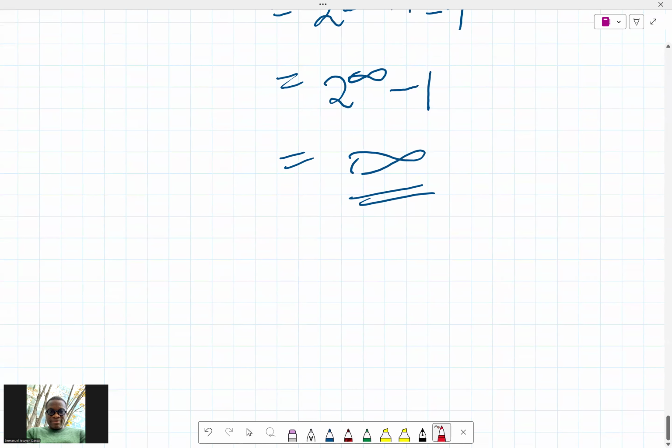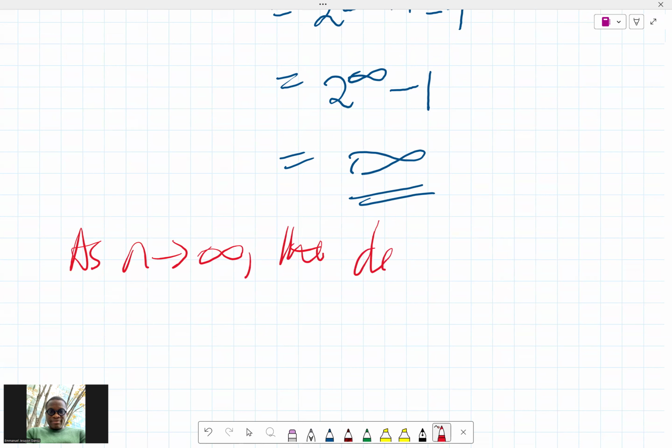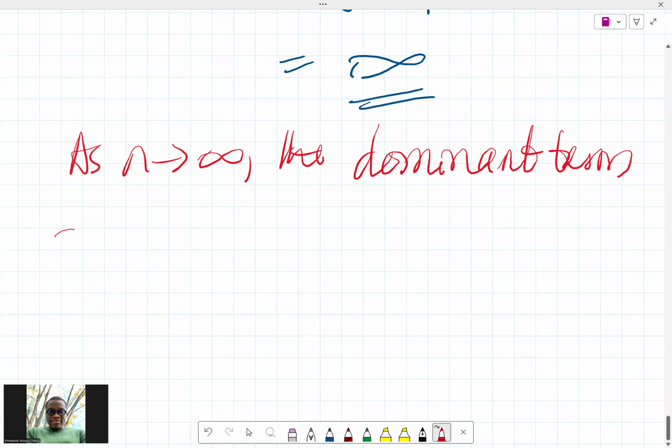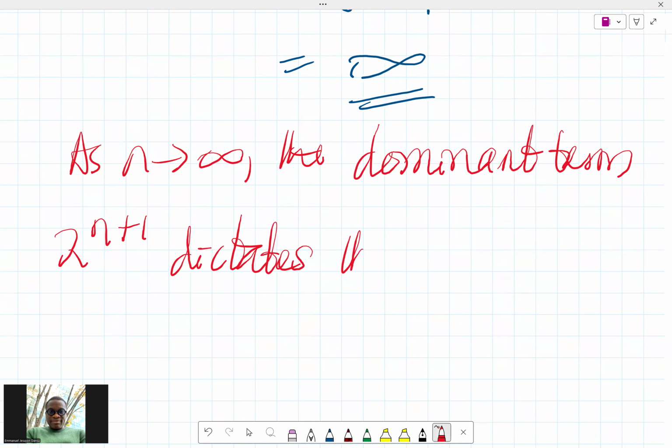So we see that as n approaches infinity, at least as the generations increase, the dominant term, which is 2 raised power n plus 1, the one that has the n, dictates the growth.